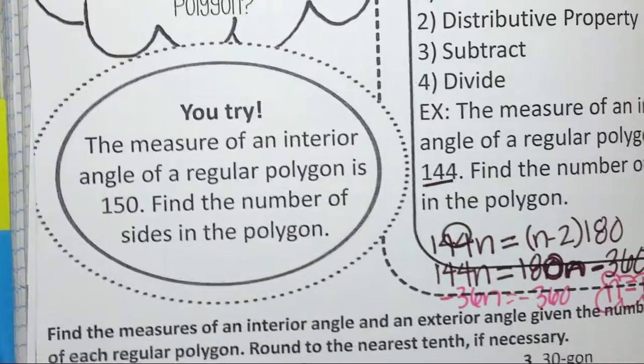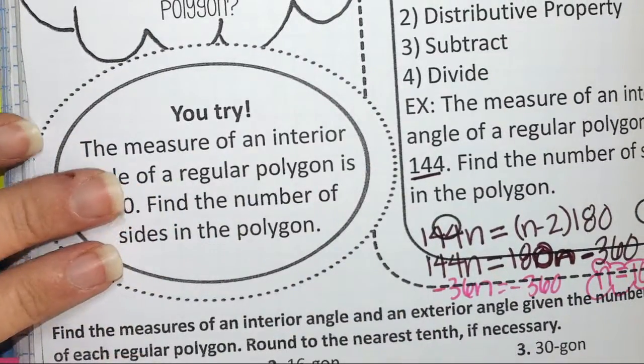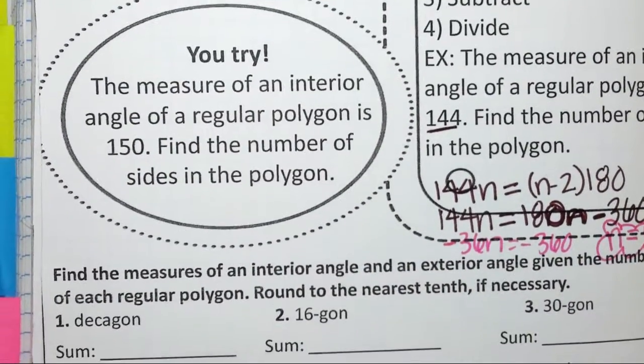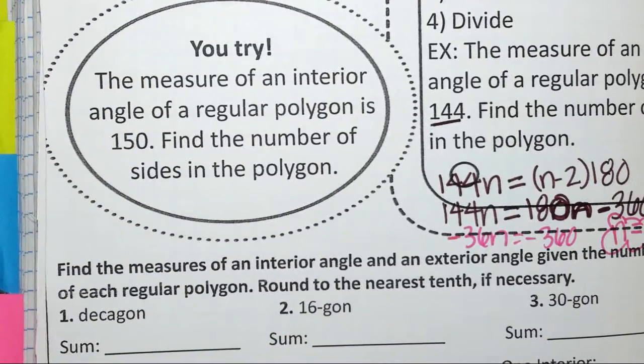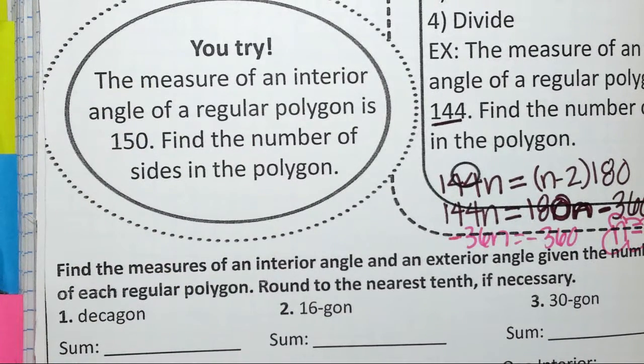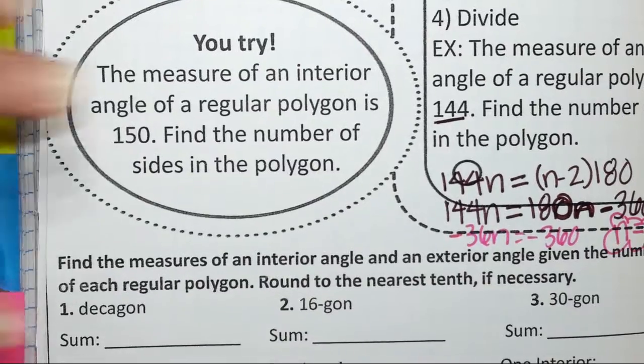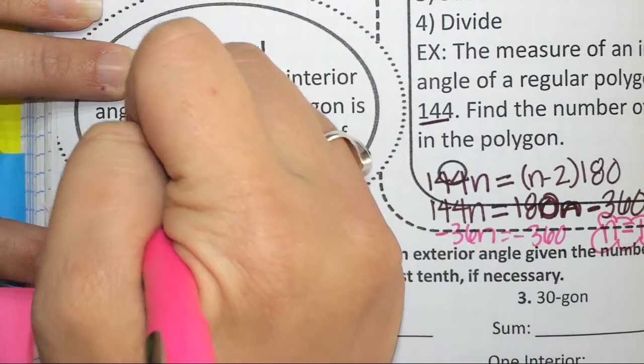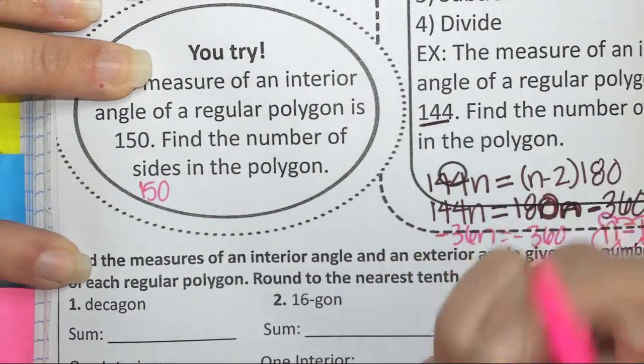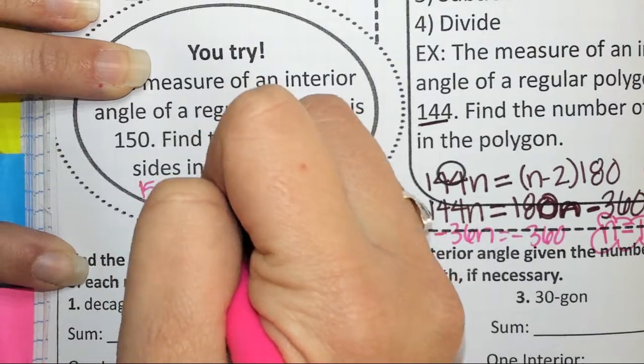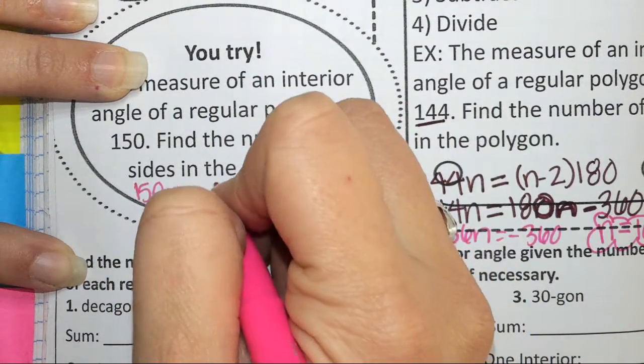Alright, this is you try, but I want to set up the equation together just to be safe, and then I want you to try without me. So this says the measure of an interior angle of a regular polygon is 150. Find the number of sides. So we're going to do 150 times what? N. And we're going to set that equal to what?